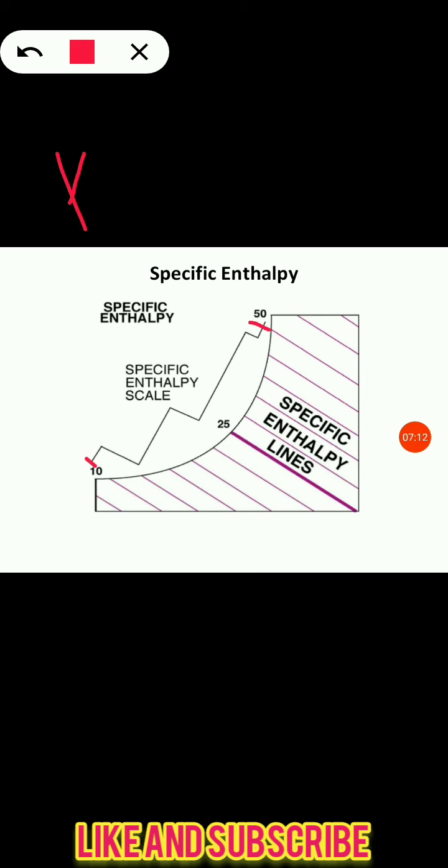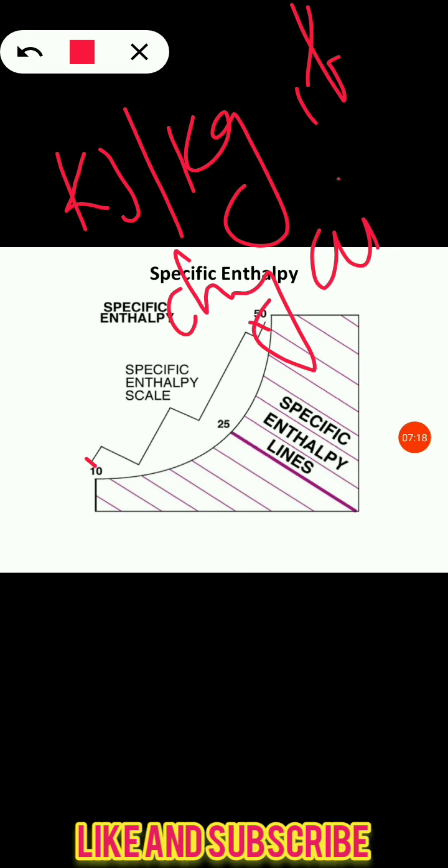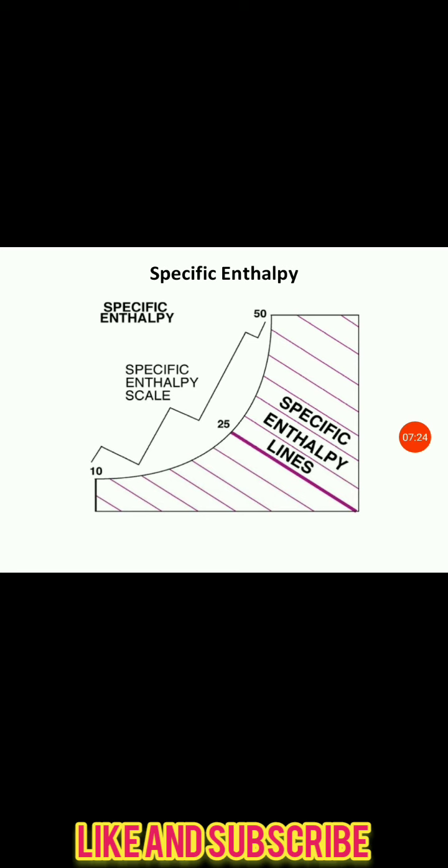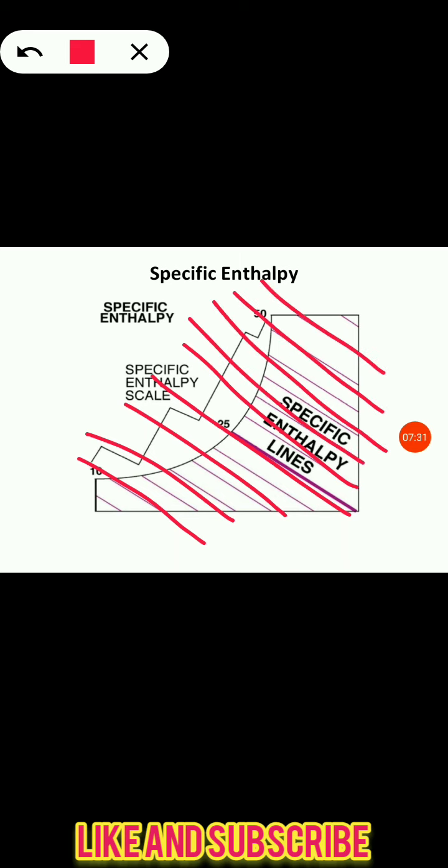Its unit is kilojoule per kg of dry air, and it is also shown by inclined lines on the psychrometric chart. So this will give us a value of specific enthalpy for any condition of moist air.